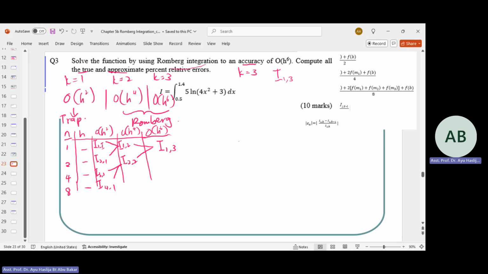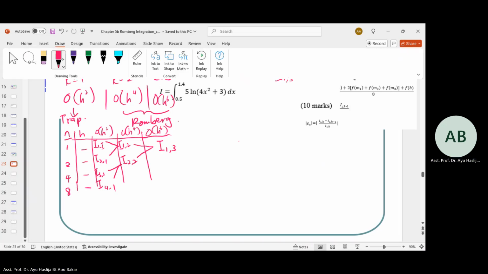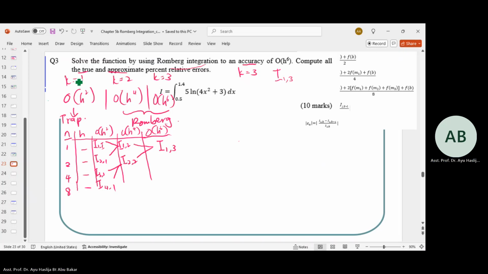Right now, wait, let me check. Is it correct? Oh, okay, wait. There's a mistake here. I22, I made a mistake over here. For I22, we need two values, so it can come from I21 and I31.